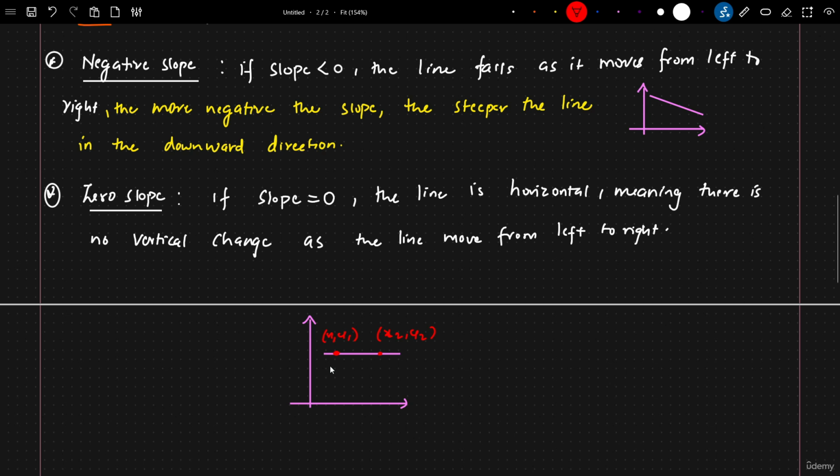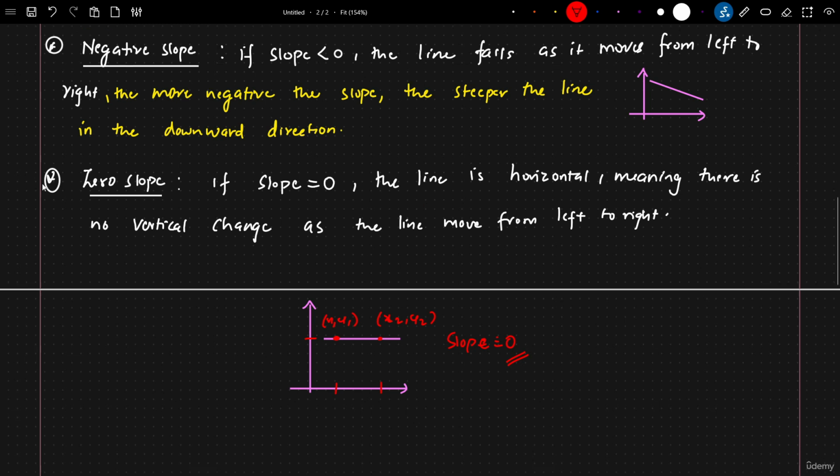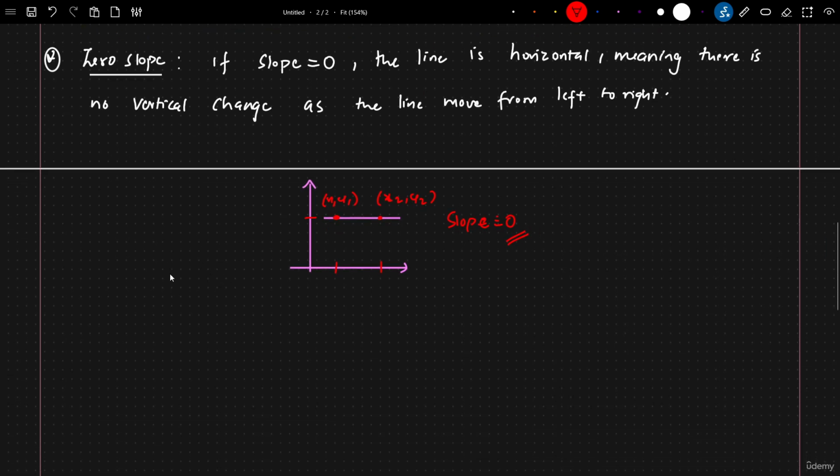Initially you had this specific value of y for x1, and for x2 you have the same value of y. So here the slope is going to be 0. Whenever we have a slope of 0, the line is horizontal, and there is no vertical change. Let me also talk about one more interpretation, which is called undefined slope.